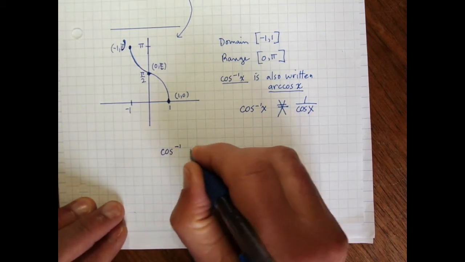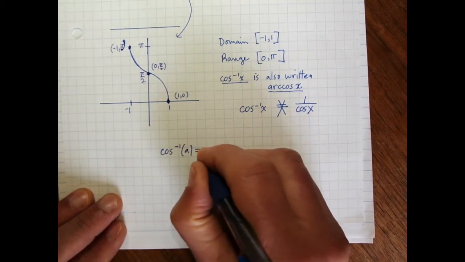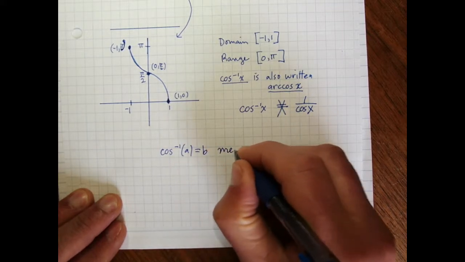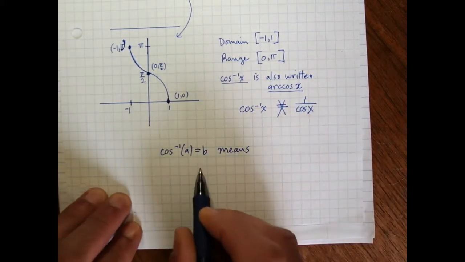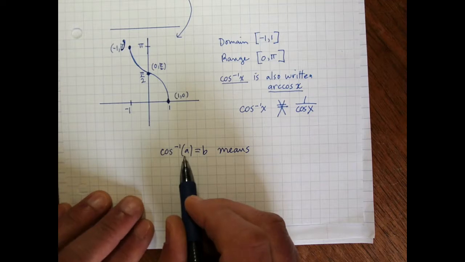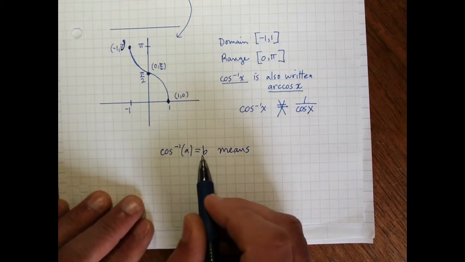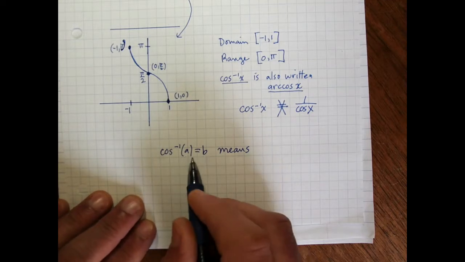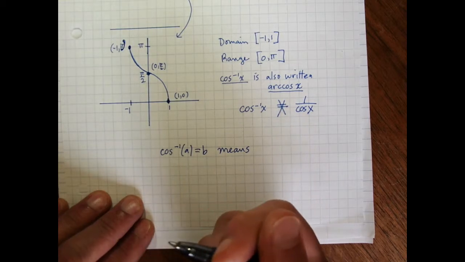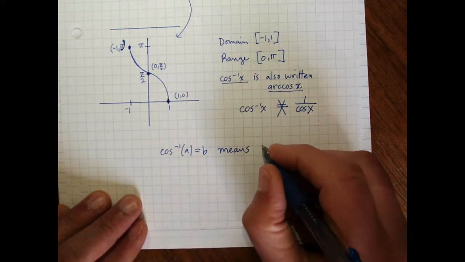Cosine inverse of A equals B means, so this is like saying input A, output B, or the point A, B on the graph of the inverse cosine, means the point B, A is on the graph of cosine.